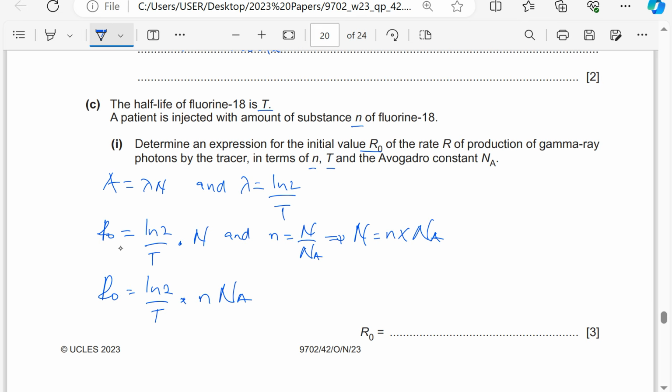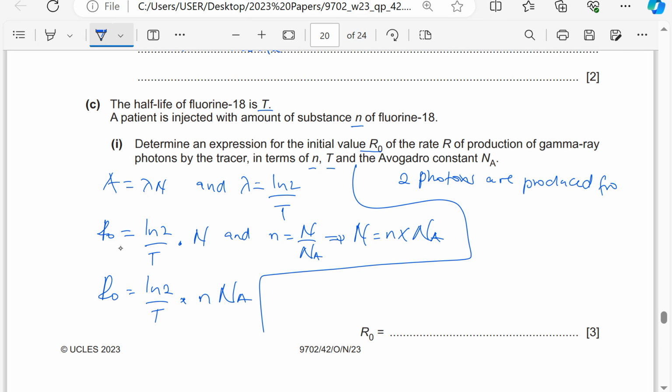Oh, remember, for every reaction, there are always two gamma ray photons. So let me just write here a statement that two photons are produced from each decay. So for one photon, this is what we have.